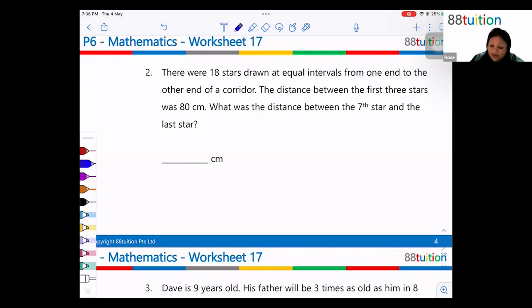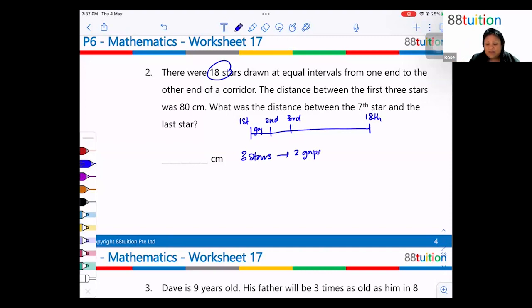Same thing. If you have 18 stars and you arrange them in a row, from the first to the 18th star, between the first and the 18th star, how many gaps do you have? The number of gaps must be 1 less than the number of stars, right? If I have first, second, and third star, so you have 3 stars, you have 2 gaps.